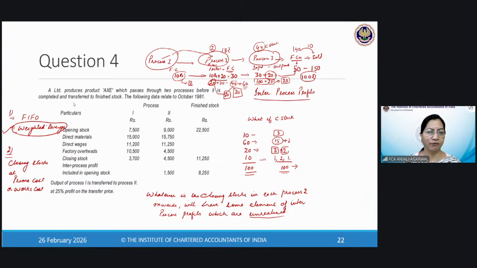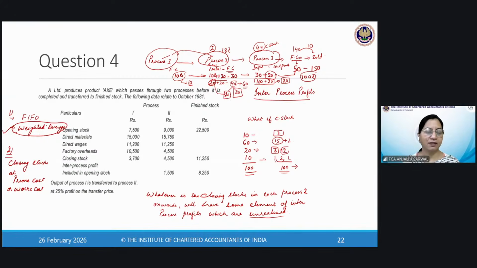You can take a note of it. So there are two ways in which these questions can be done, FIFO or weighted average, but we will follow weighted average, and we'll put a note in the final answer that we have used the weighted average method.